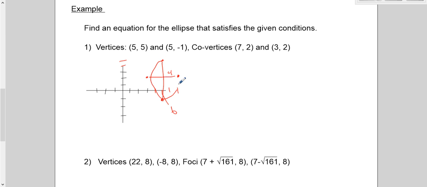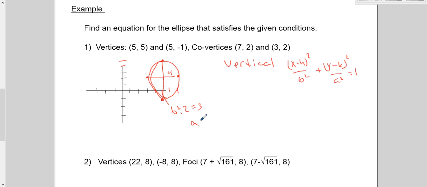So that's going to be a vertical ellipse, which is going to have x minus h squared over b squared plus y minus k squared over a squared equals 1. And I have my a is 4. No, sorry. My a, if I divide the major axis by 2, I get 3. So a equals 3. If I take my minor and divide by 2, I get 2. So b equals 2, which means a squared is 9 and b squared is 4.